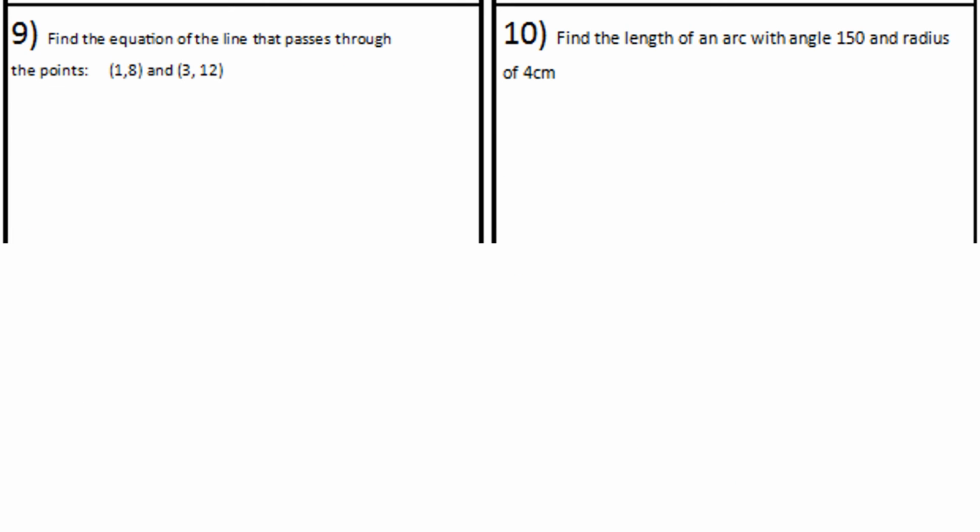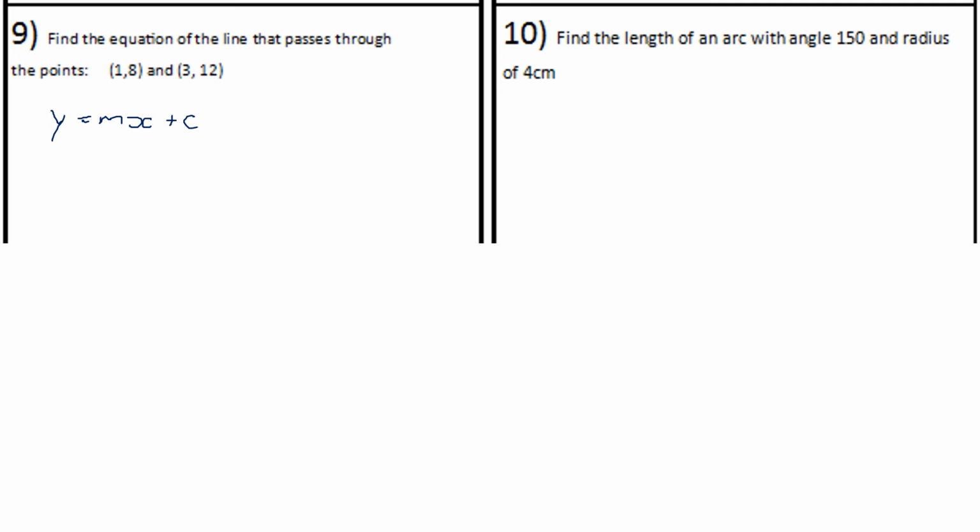Right, next one. It's a while since we've done this, so hopefully you had a good go at it. We want to find the equation of a line that passes through the points (1, 8) and (3, 12). First thing you need to do is recall the general equation of a line: y is equal to mx plus c.